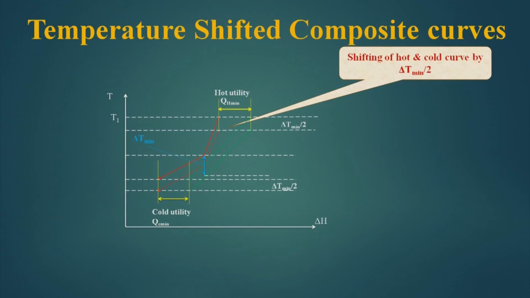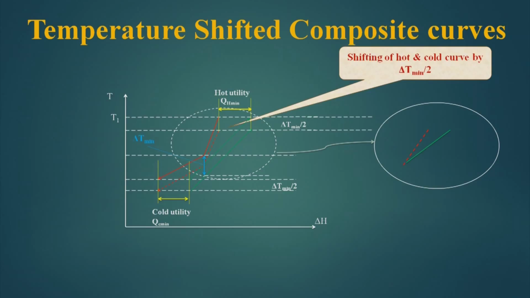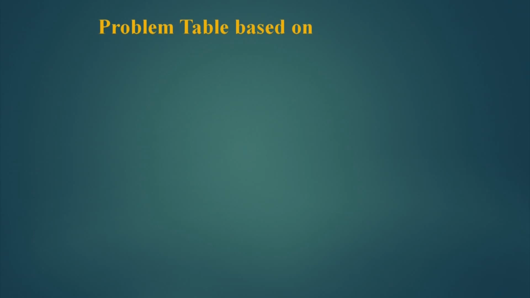Now, if we take the upper part of the pinch and try to do the horizontal heat transfer in this case, then horizontal heat transfer is permissible, because now the temperature difference is delta T minimum during the horizontal heat transfer, and hence horizontal heat transfer is permissible.